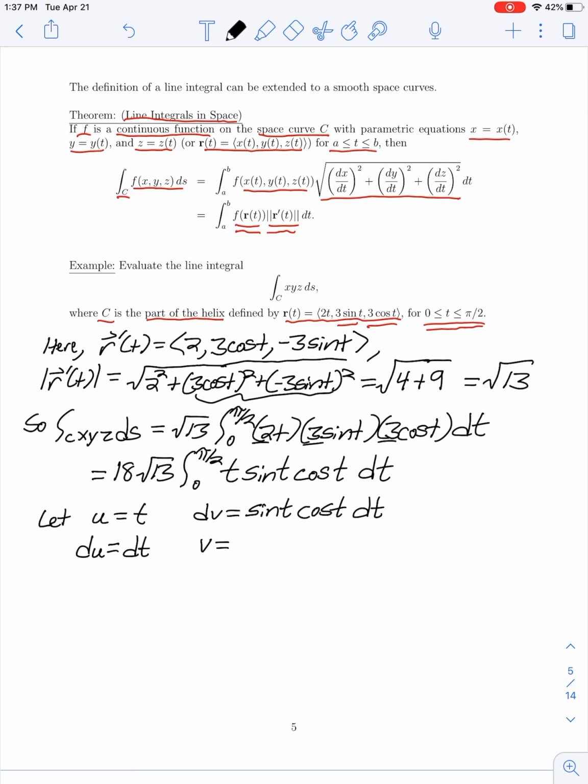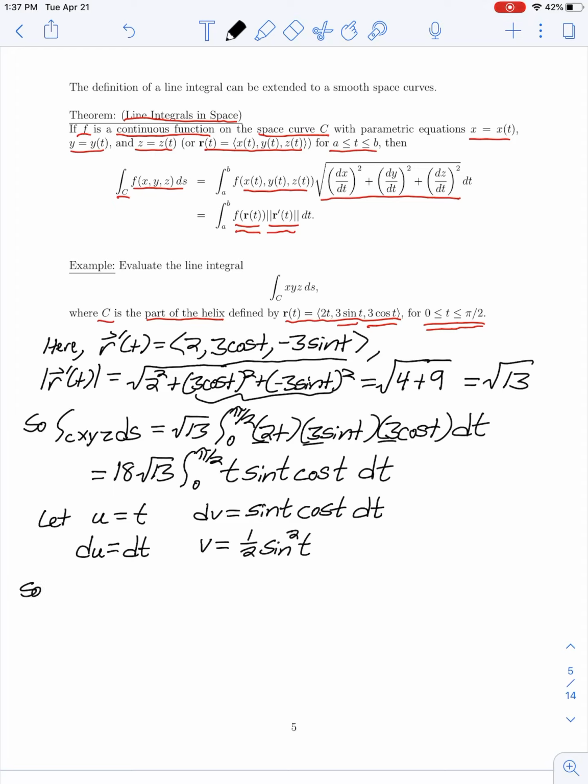Here v would be the antiderivative of sine times cosine. Similar to what we saw in our last example, we could make a substitution where u is equal to sine, and we find that our antiderivative would be 1/2 of u squared, or 1/2 of sine squared of t.